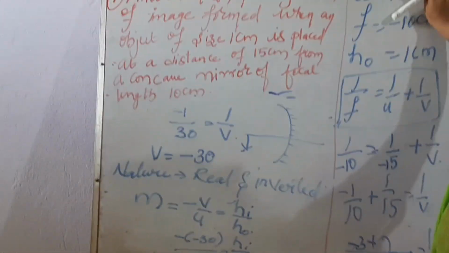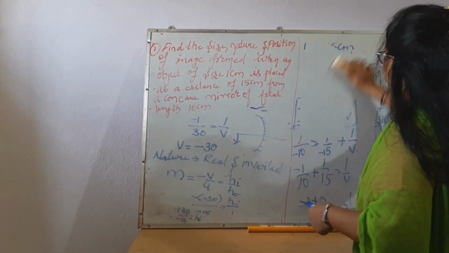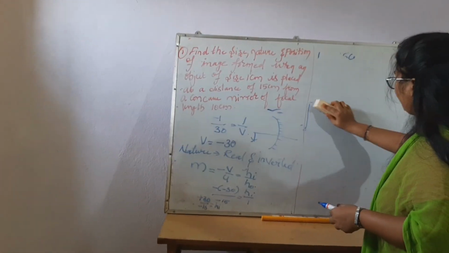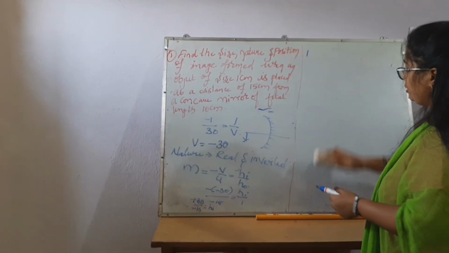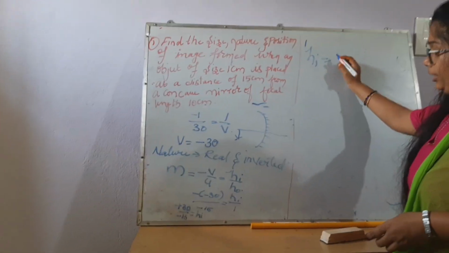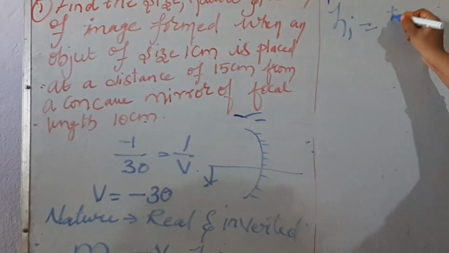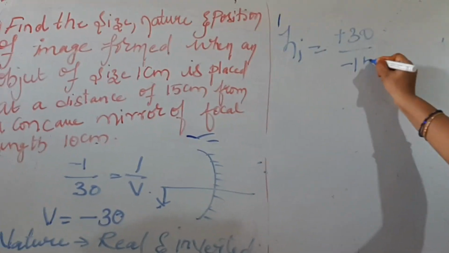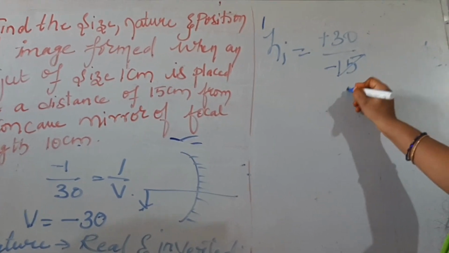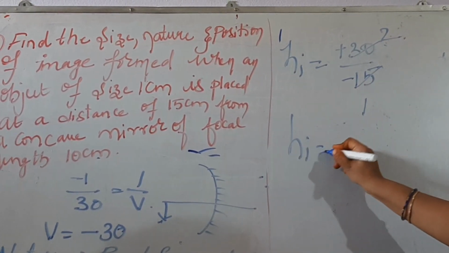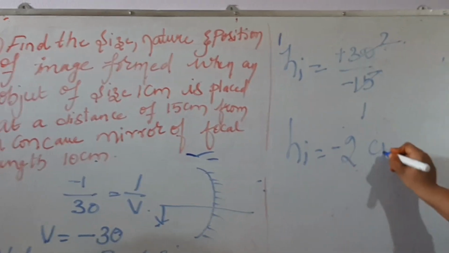Now the height of the image, how much is it? hi is equal to plus 30 by minus 15, once 2, hi is equal to minus 2 centimeters.